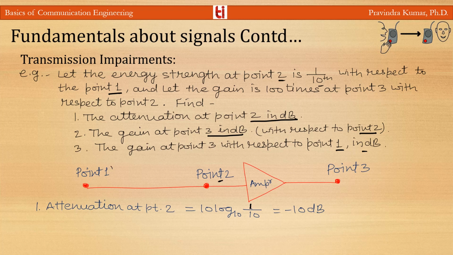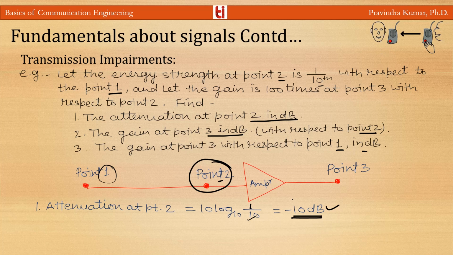So 1 by 10th, and it will be minus 10 dB, and the minus sign represents the loss of the power. So if at point 2 it remains 1 by 10th power, the attenuation is basically minus 10 dB.